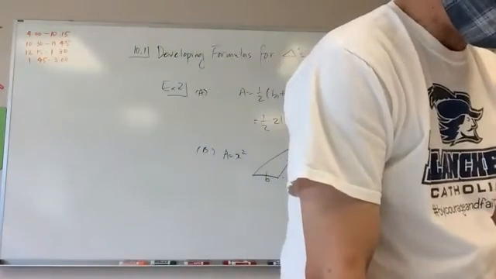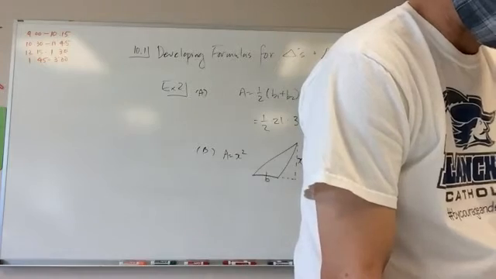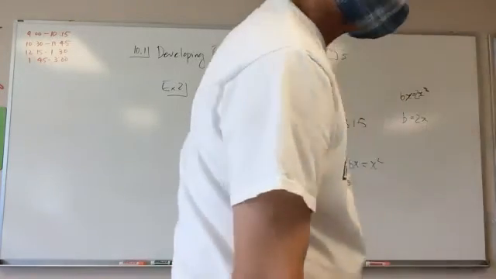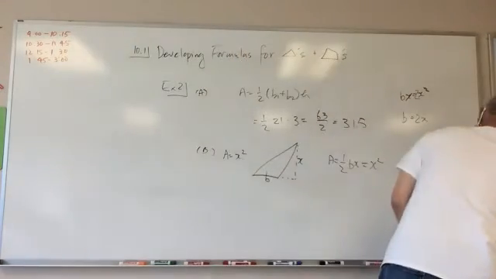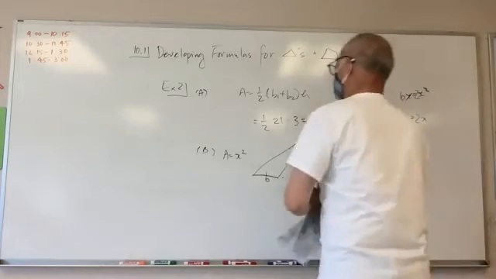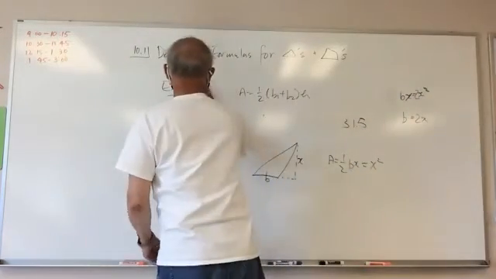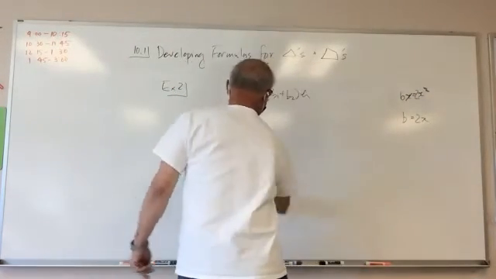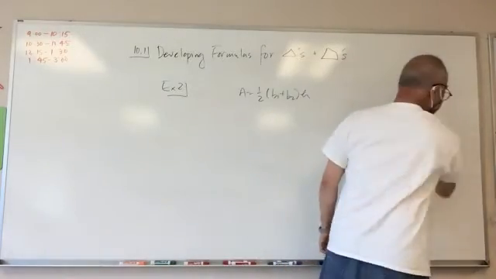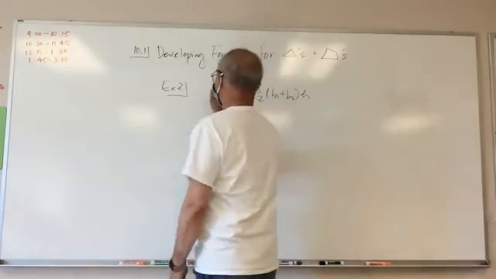Find B2 of the trapezoid where the area is 8. Okay, so it's a little bit backwards now. We're still going to use this formula.